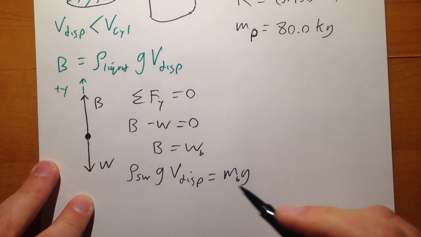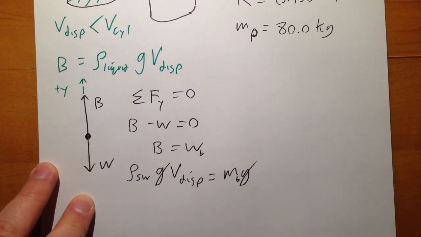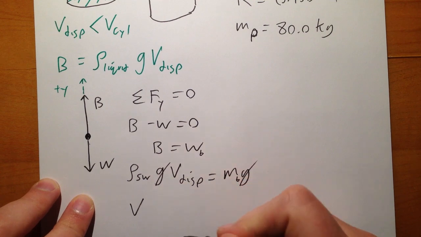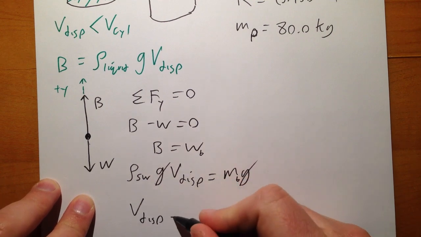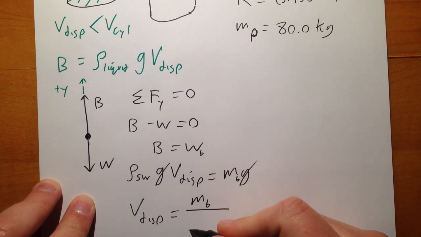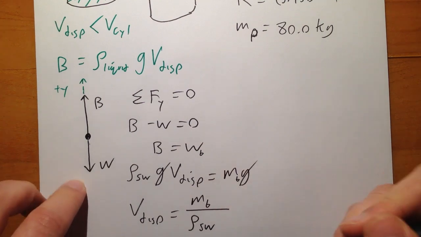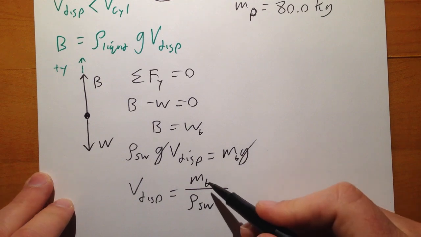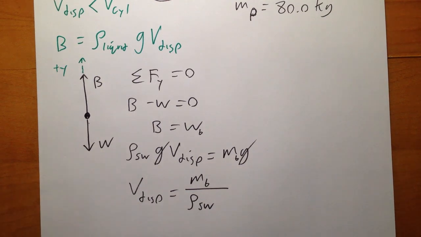Note that g cancels out, and I can solve for the volume displaced. It's just the mass of the buoy divided by the density of seawater. So we end up with a pretty easy formula. We know the mass of the buoy, we know the density of seawater, and therefore we can figure out the volume of seawater which has been displaced by this buoy that is floating there.